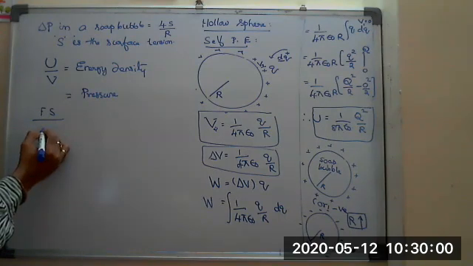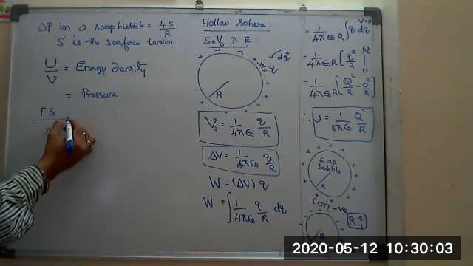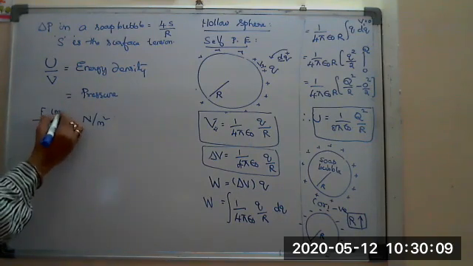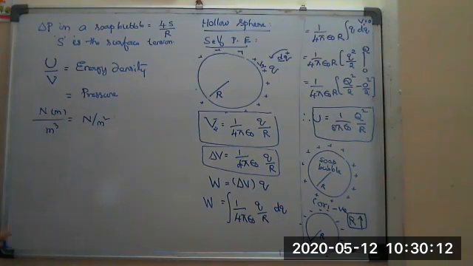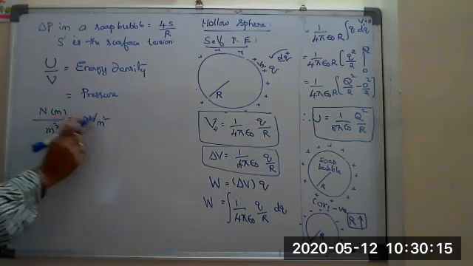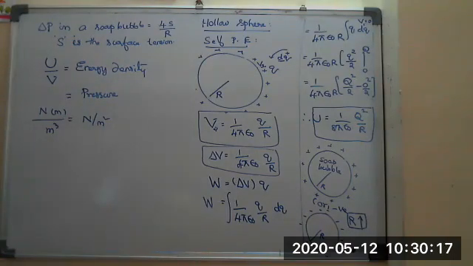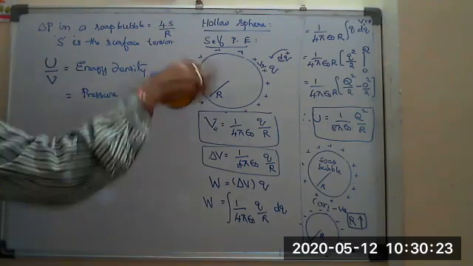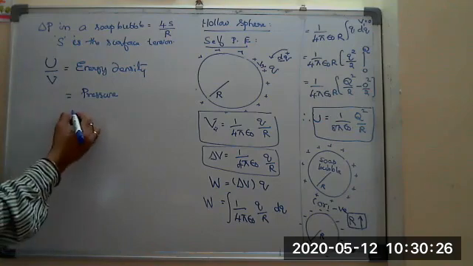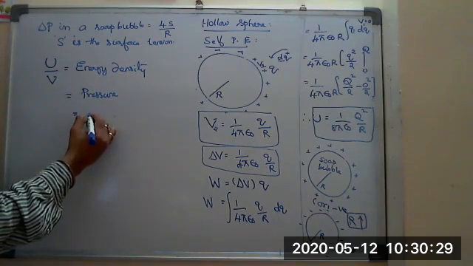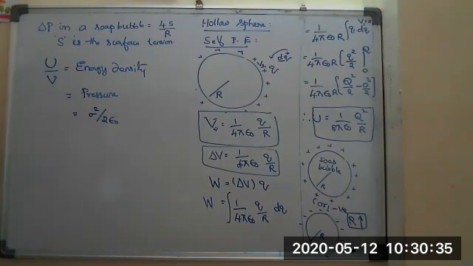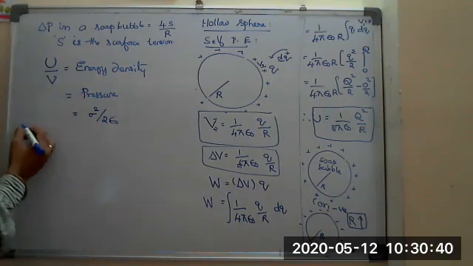Volume is in meter cube, so you get Newton per meter square, if the displacement unit is meter and the force unit is Newton. Newton meter by meter cube is Newton per meter square, right? By this you can calculate the pressure acting over the surface. If you calculate that, you will finally get sigma square by 2 epsilon naught. We will try to derive it later.